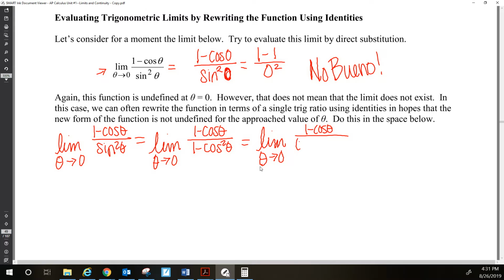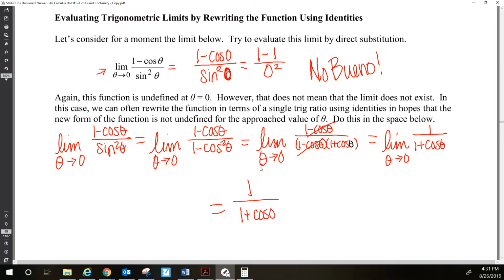On the bottom, I've got 1 minus cosine theta times 1 plus cosine theta. Fortunately, the pesky 1 minus cosine theta goes away. Now I've got the limit as theta approaches 0 of 1 over 1 plus cosine theta. Now I can plug in that 0. So this will be 1 over 1 plus cosine 0. Cosine of 0 is 1, so 1 plus 1 would be 2. So I got 1/2 for my limit.